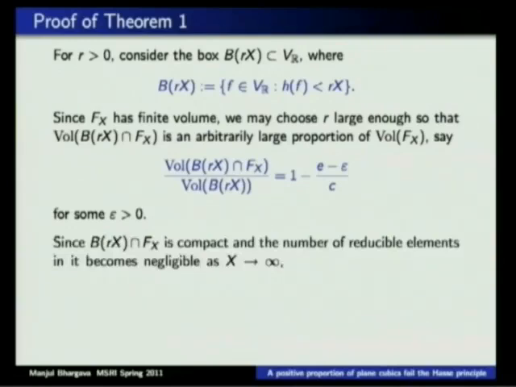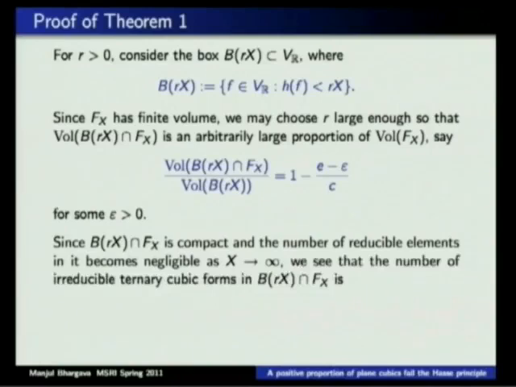So now this intersection is compact because we intersected it with the box. And so since you've intersected with something compact, as that compact thing homogeneously expands, the proportion of reducible elements, in other words, those that have a rational flex, will go to 0.